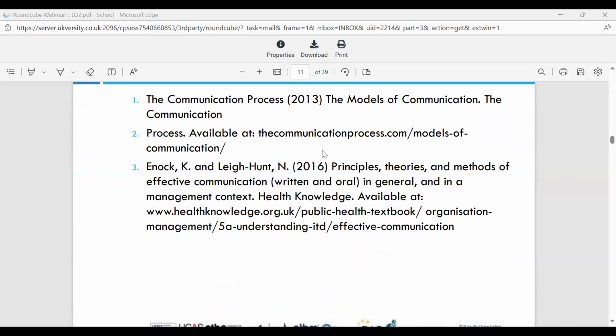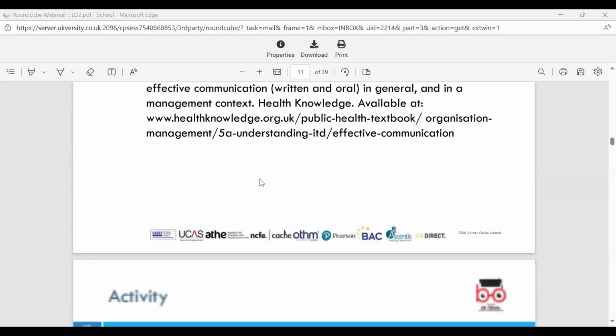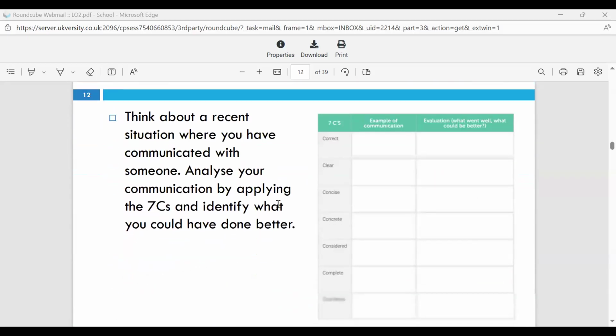And the links are there, if you want to have a look at the communication process and where you can get the link from. So if you go onto there, think about a recent situation where you maybe communicated with someone.